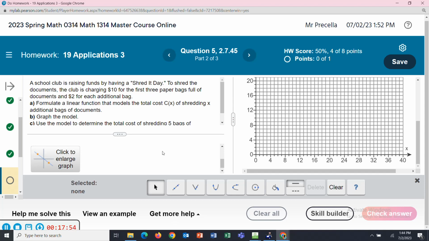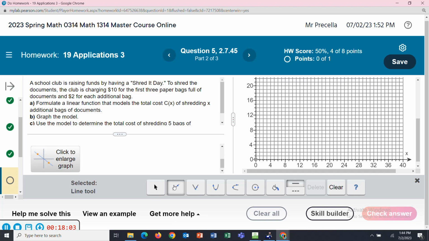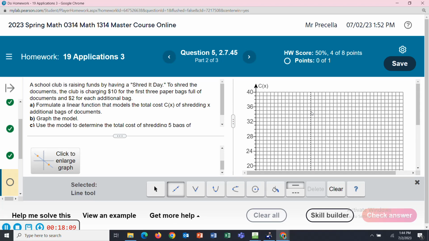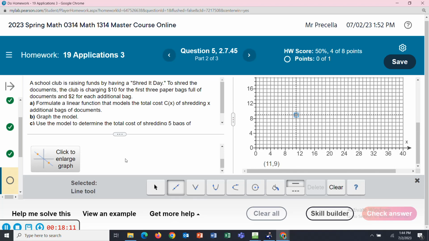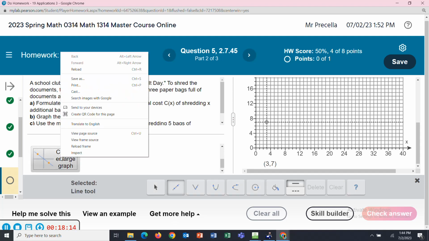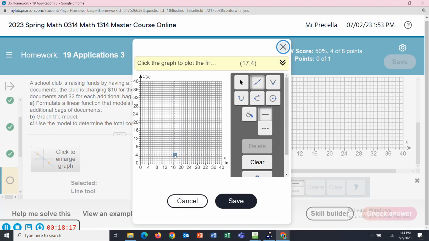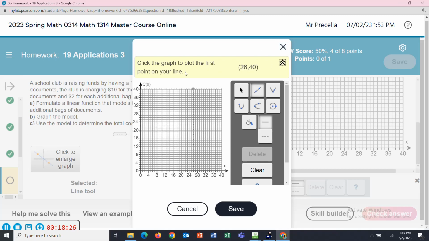To graph this line, we're going to have to click on the graphing tool, and we need 2 points in order to graph it. Maybe if I clicked it like this, no. I guess I'll try it like this. But if we're going to graph a line, the first thing we need to do is click the graph to plot the first point on your line. Well, the function or the equation y equals 2x plus 10.